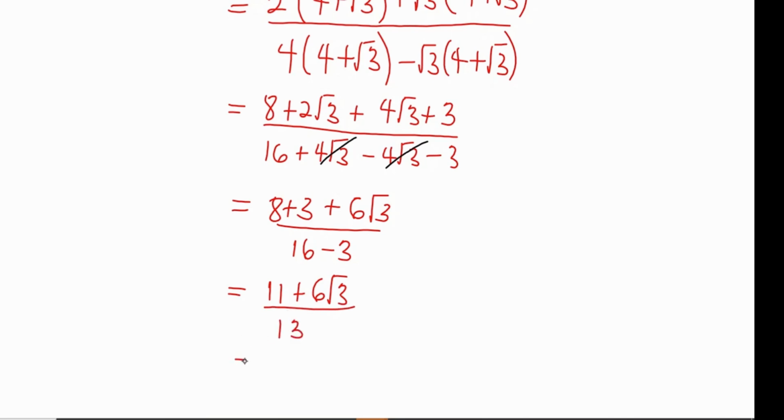So we can further write it as 11 on 13 plus 6 on 13 root 3. Good. So when we simplify or rationalize 2 plus square root of 3 divided by 4 minus square root of 3, then our solution should be of this form.